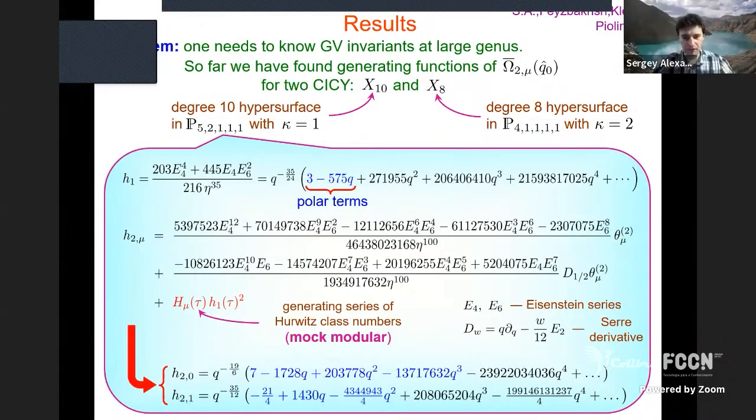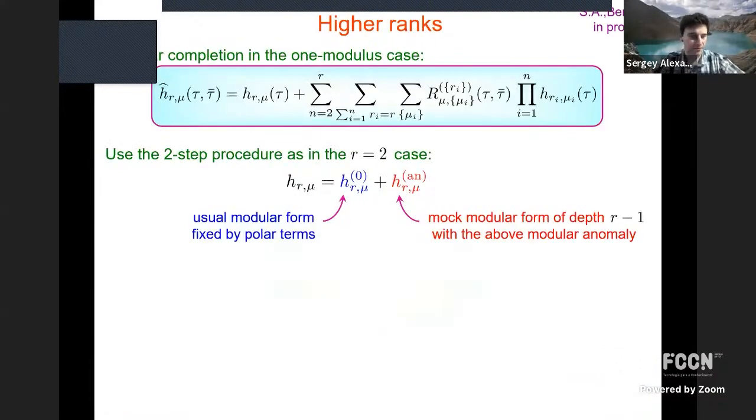Okay, so this is all I wanted to tell you about this case of r equal 2. Now, in the second half of my talk, I wanted to explain what happens if we try to solve the most general case. Namely, we want to consider arbitrary D4-brane charge.